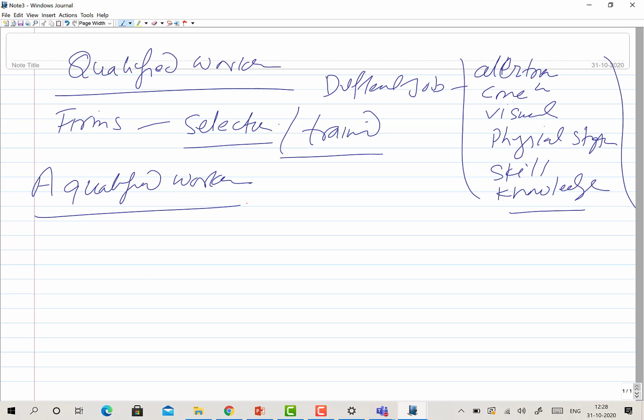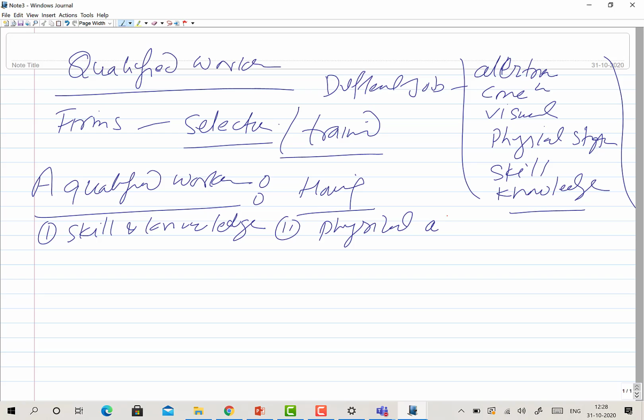Any person who can be accepted as a qualified worker is having the following things: the required skill and knowledge, the required physical attributes to do the job, and the required education and intelligence.